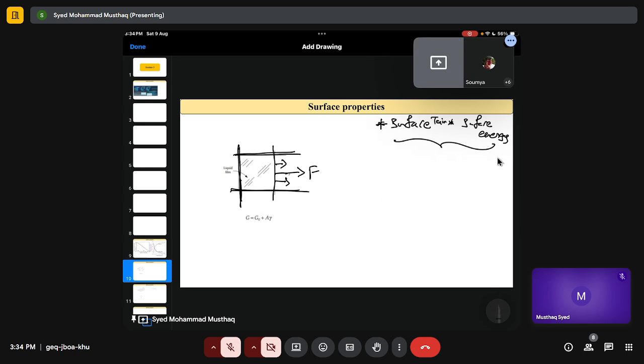Now the total energy of the system will be the energy coming from the bulk plus the surface energy. This is before pulling. Now what happens after we pull?